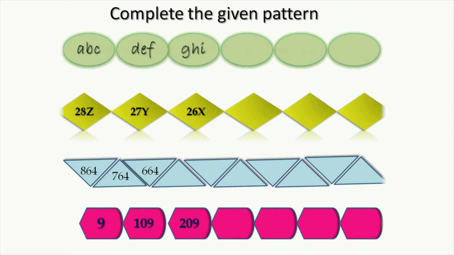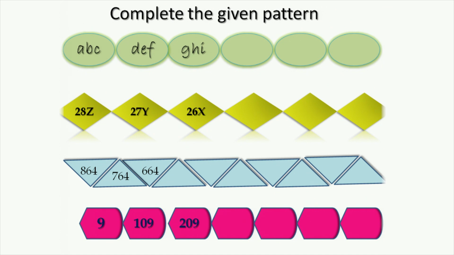So, can you see there are 4 types of pattern, one with alphabets, another with number and alphabet, then 864, 764, 664. What is happening? It is going in reverse direction, the number is decreasing every time, but by how much it is decreasing, that you have to find out.